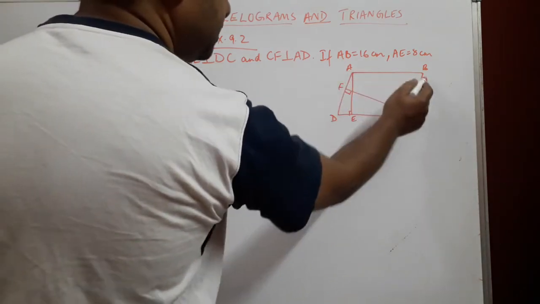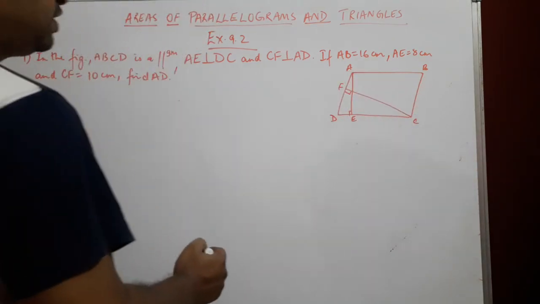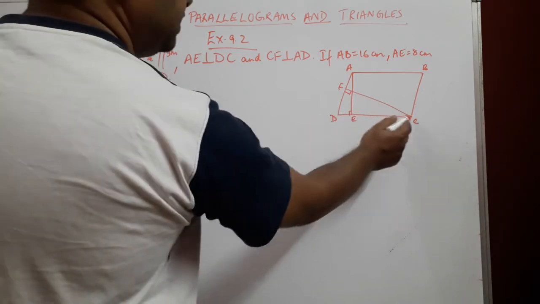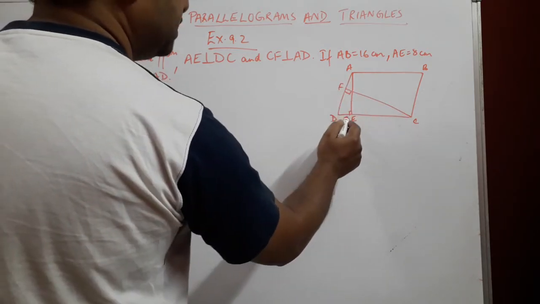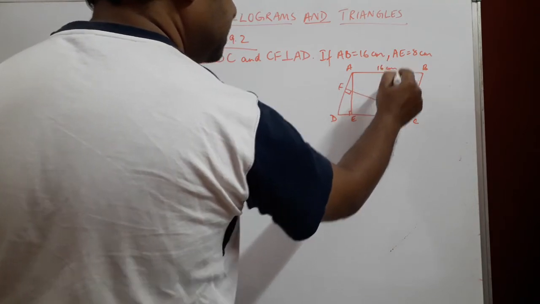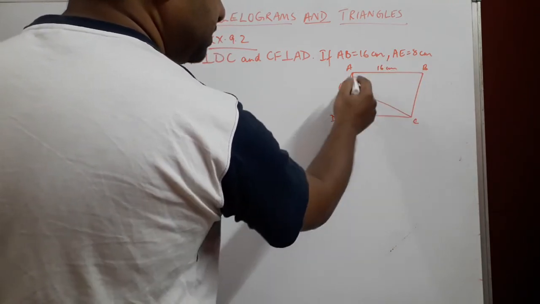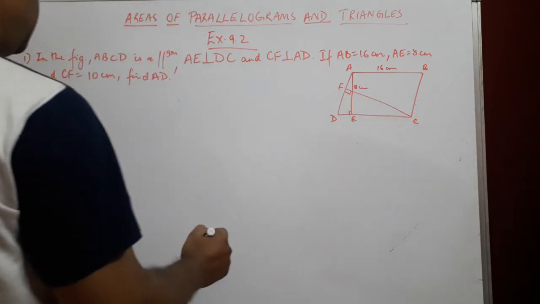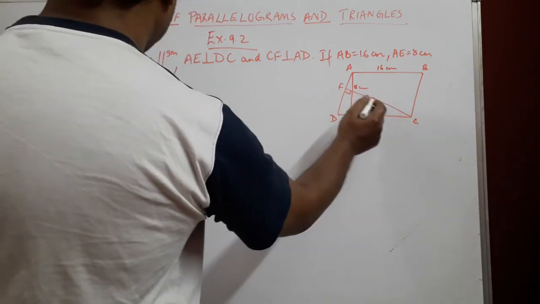We are given ABCD and we are also given that AE is perpendicular to DC and CF is perpendicular to AD. We are also given that AB is 16 centimeters here, AE is 8 centimeters, this altitude is 8 centimeters, and CF, the other altitude, is also given.